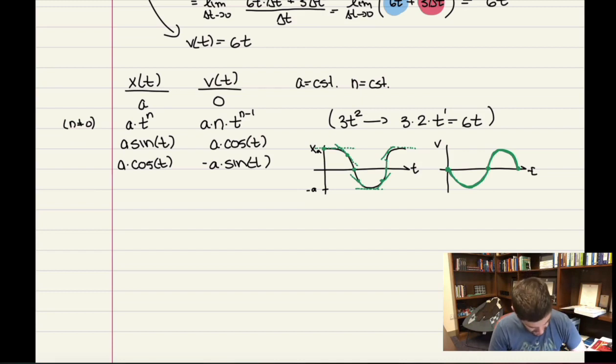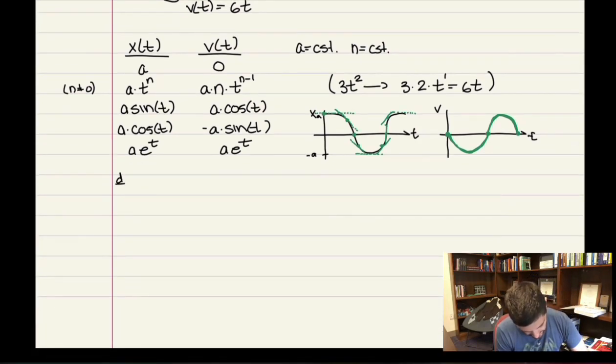And then last, which may not ever come up in this course, is the exponential. Exponentials are great because they are their own derivatives. The derivative of an exponential is just the exponential back, which is pretty swell. Makes things simple.